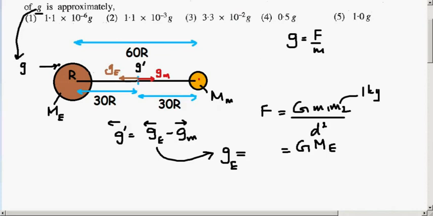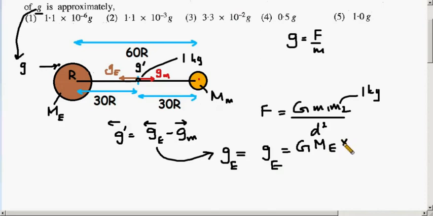We keep an object whose mass is 1 kilogram here to find out this g. That is a test mass. Then we find the force on that, that is simply g, because according to this definition, the force becomes simply g.